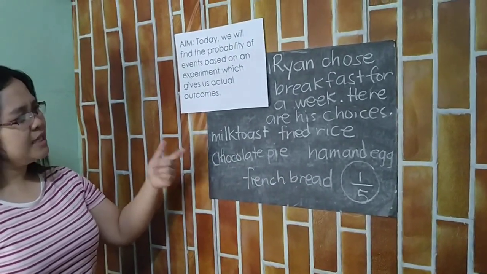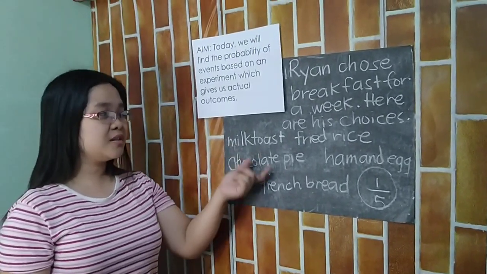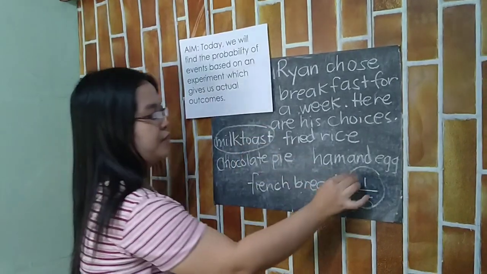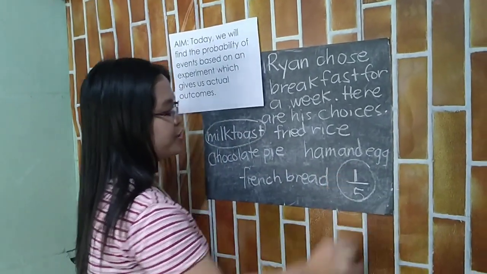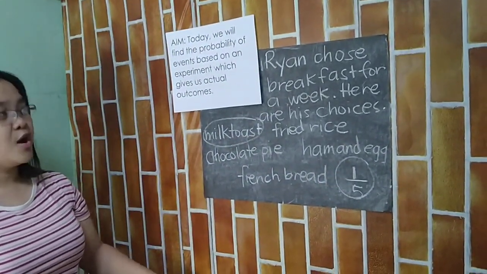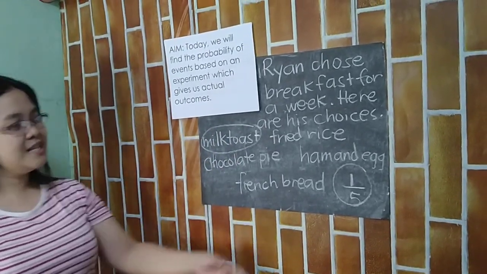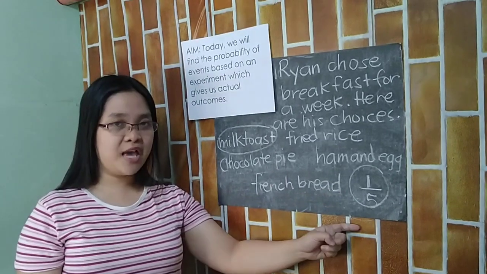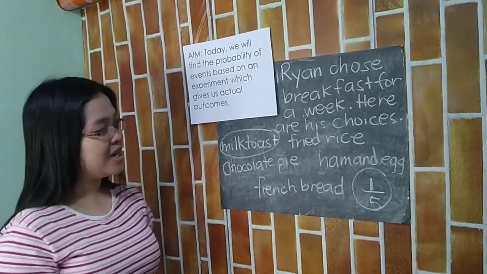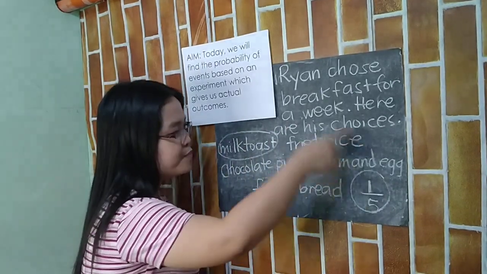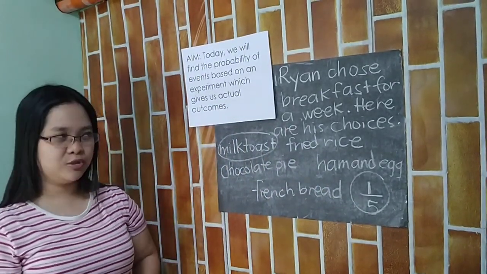And how many times can we pick milk toast from the choices? Only 1. Very good, because that's the number of favorable outcome that we have. So the theoretical probability is 1/5, derived from the formula number of favorable outcome over the number of possible outcome.